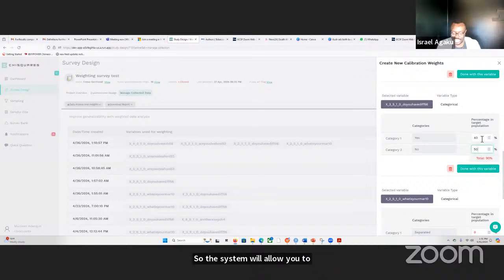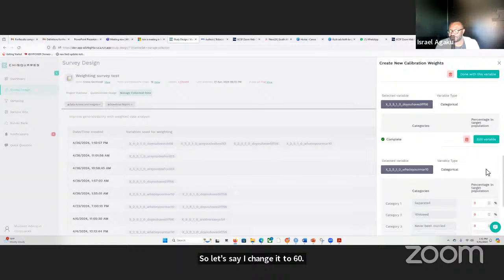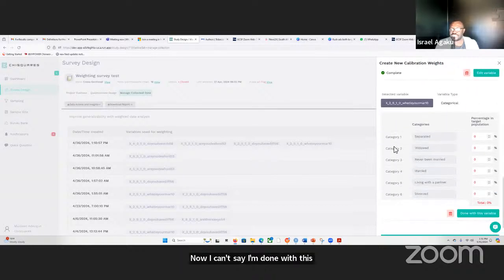So let's say I change this to 60. Now I can say I'm done with this variable. Then the next variable, this is marital status. I have to provide the percentages, not just from my memory. I have to look at the census. What the census says, let's say 30% are separated, and let's say 10% are widowed. You can't have a category that is 0. How can it be 0? It doesn't make any sense.